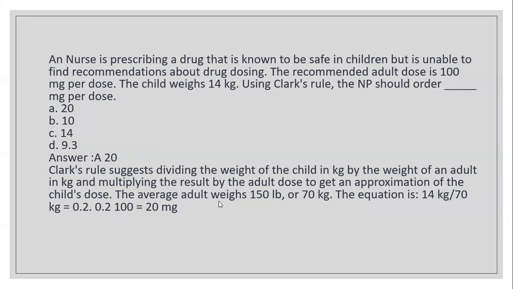The average adult weight is 150 pounds or 70 kilograms. So the equation is 14 kilograms over 70 kilograms. It is 0.2, and when you multiply it by 100 milligrams, it would be 20.